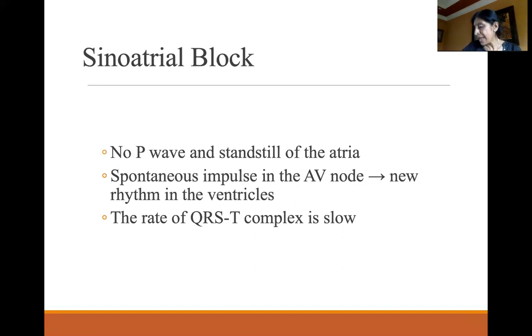Then you may have other parts of the conduction system assume the role of pacemaker if SA node and AV node are not participating, and that's where the heart rate drops even lower. Okay, so bundle of His, assuming the role of a pacemaker, could generate a heart rate of about 30 to 40 beats per minute, and that's very, very low for the body to keep up with the blood supply.